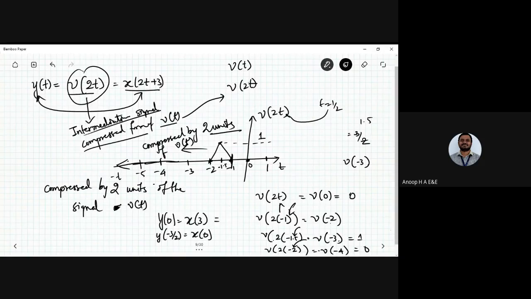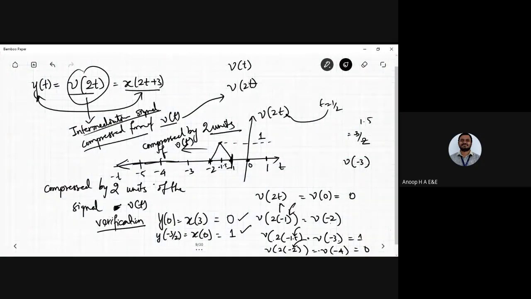What is the value? Anyone? Then y of minus 3 by 2 will be equal to x of 0, that will be equal to 1. So that is what you can verify from this equation. This is the verification step that you are going to do here to ensure the precedence rule is carried out.